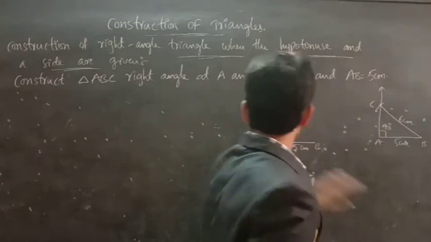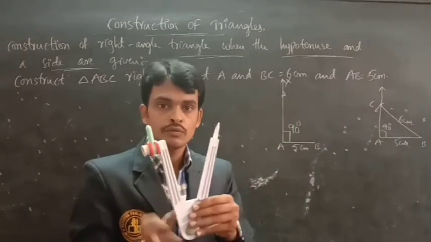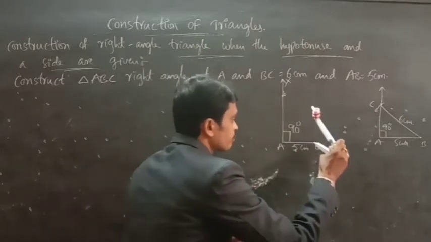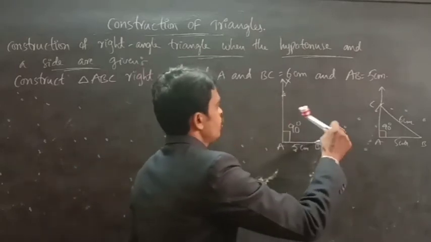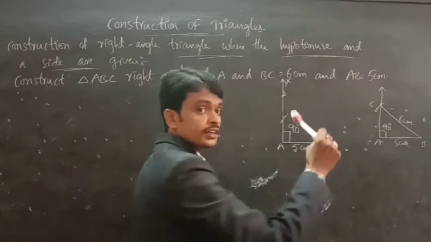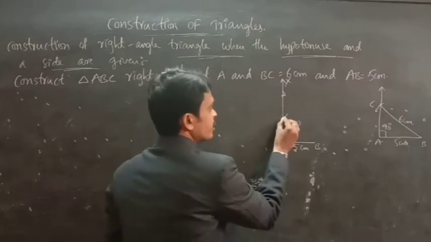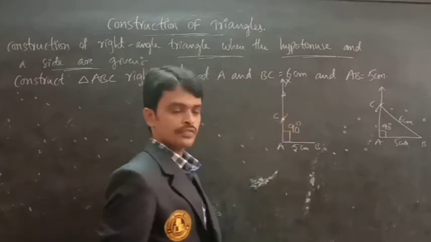Now this pointer of the compass we should place at the center B, and we should draw an arc. It will intersect the AX ray at C.